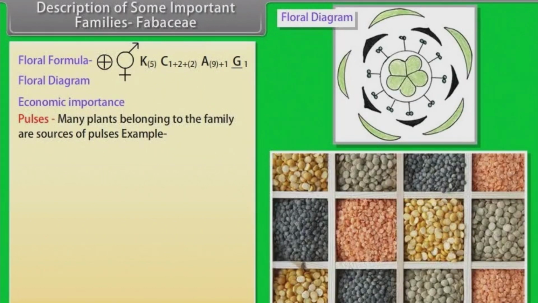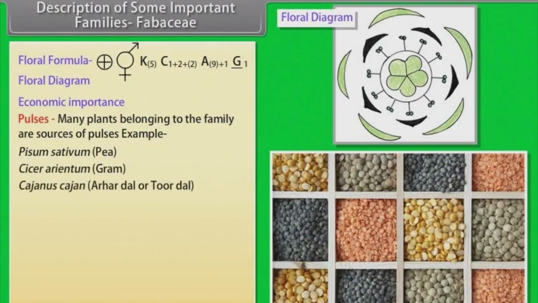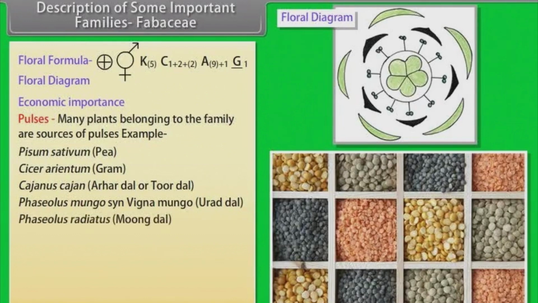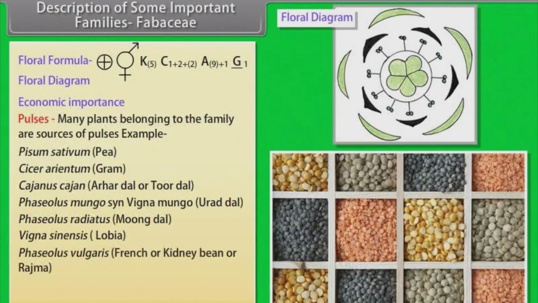Example: Pisum sativum, pea; Cicer arietinum, gram; Cajanus cajan, arhar dal or tur dal; Vigna mungo, urad dal; Phaseolus radiatus, mung dal; Vigna sinensis, lobia; Phaseolus vulgaris, French or kidney bean or rajma; Lens esculenta, masoor dal; Lathyrus sativus, khesari dal.